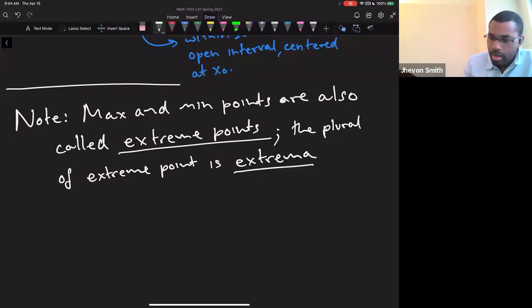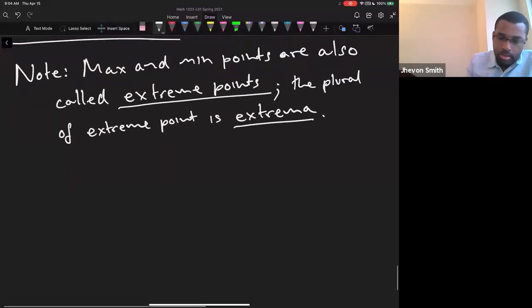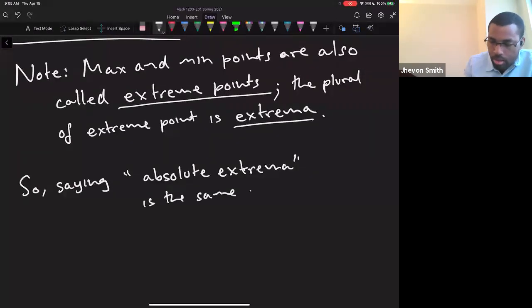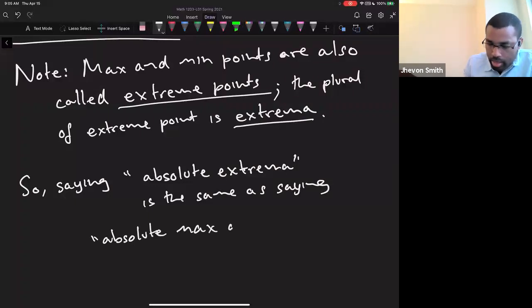So saying absolute extrema is the same as saying absolute max and min points.